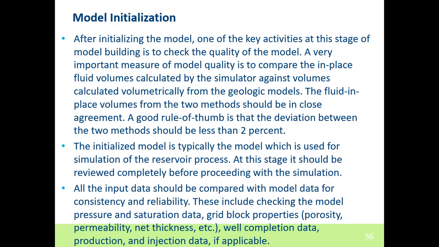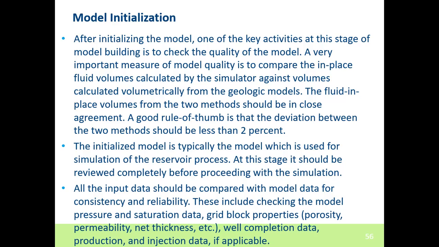Basically, at the fluid initialization process, your simulation model's in-place volumes, your original fluid in place, will be calculated, and therefore you can use that to evaluate the difference between your actual reservoir and the model.